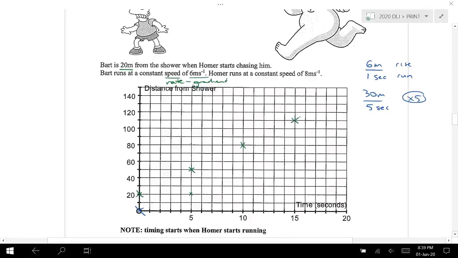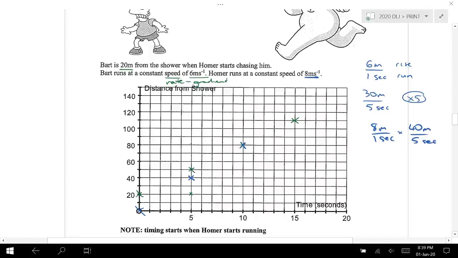Alright, now let's do Homer. So Homer runs at a speed of 8 meters per 1 second. So, well, that's what 8 ms minus 1 means. This is a fancy way of writing the same thing. But if we multiply that by 5 top and bottom, we get 40 meters for every 5 seconds. So our first mark, Homer's going to be here, up 40 over 5, and then up 40 over 5.